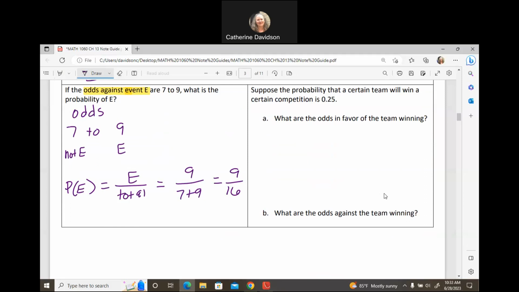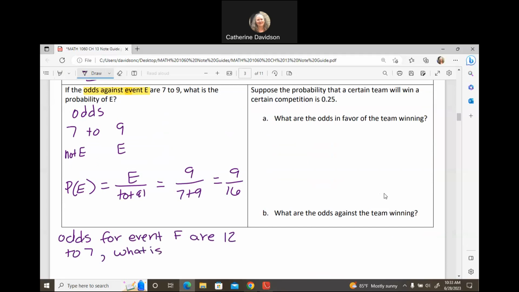And let's just do another one. I'll just make one up. And if you're all right with it, you don't have to write this down. So the odds for event F are 12/7.